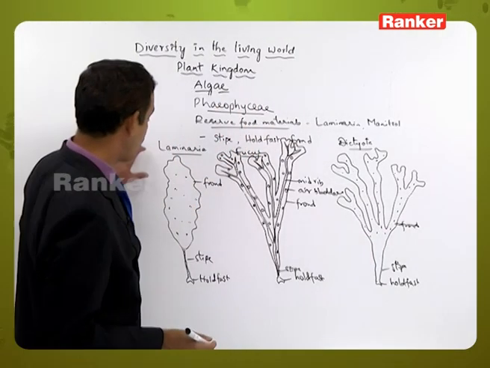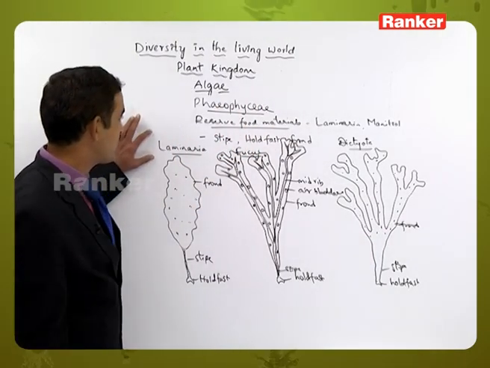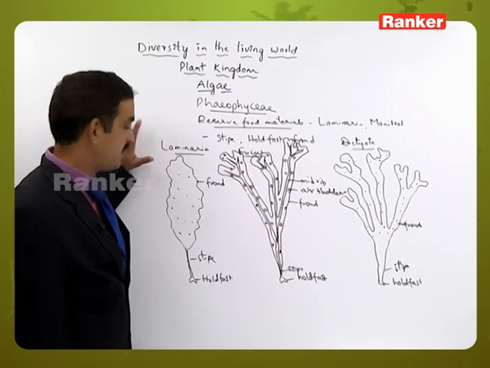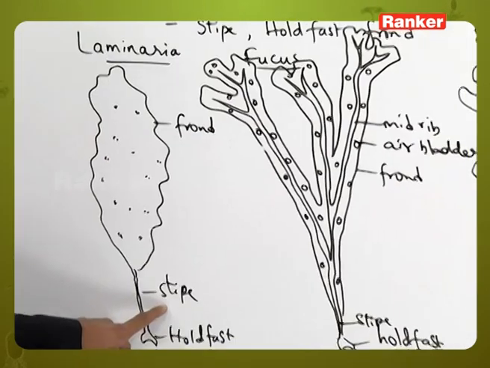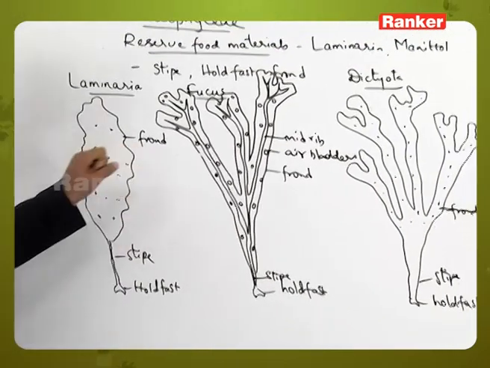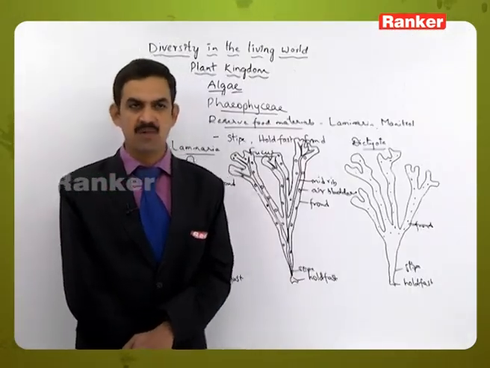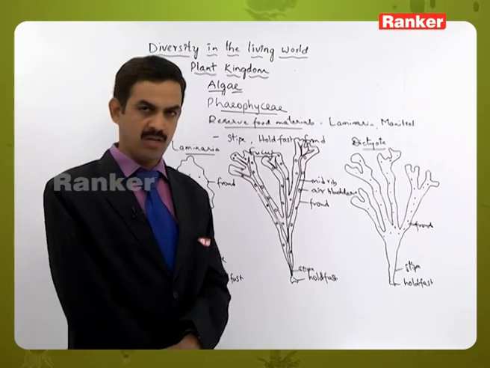So this is how body organization is present in different members of Phaeophyceae with three parts: the attachment organ hold fast, the slender part above the hold fast is the stipe, and the expanded region which is concerned with photosynthesis, that is the frond.